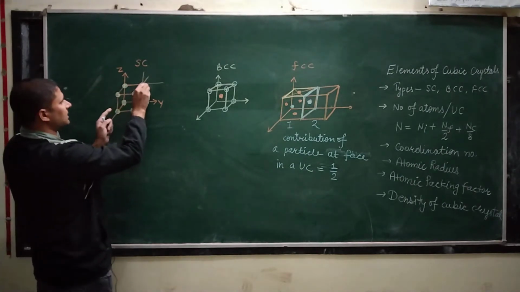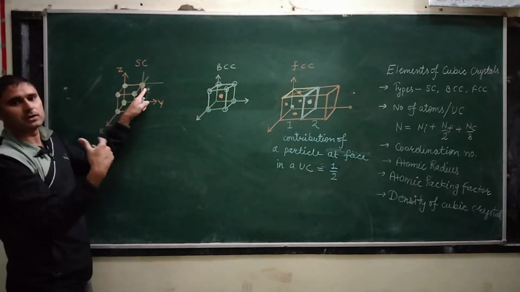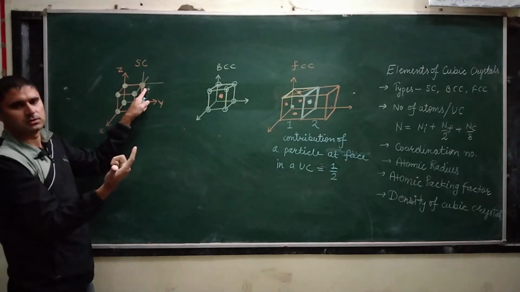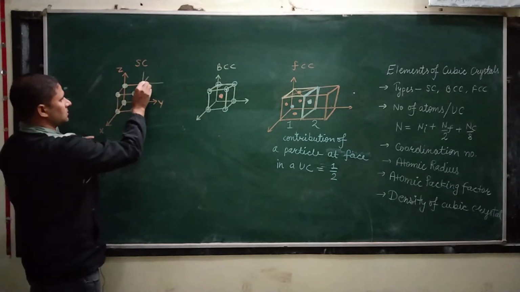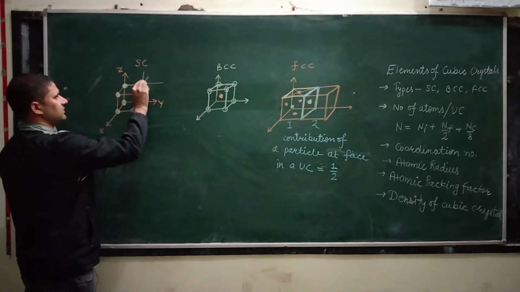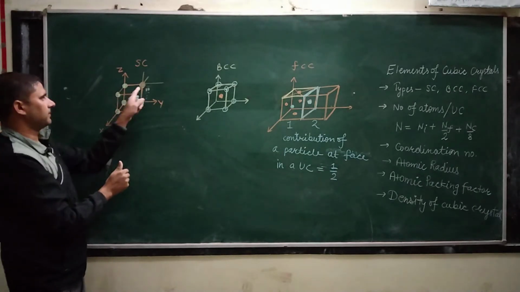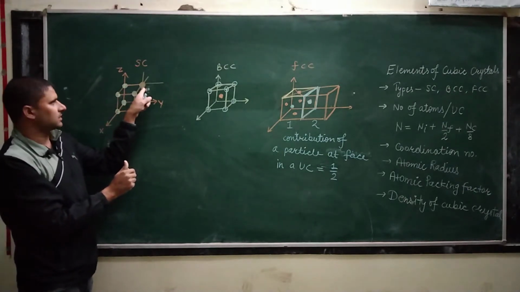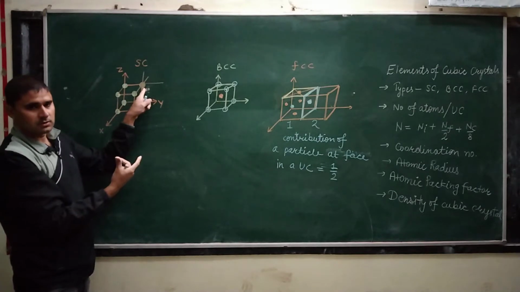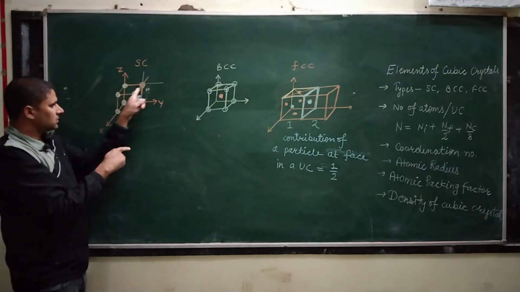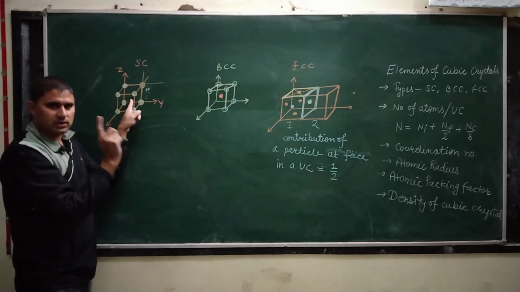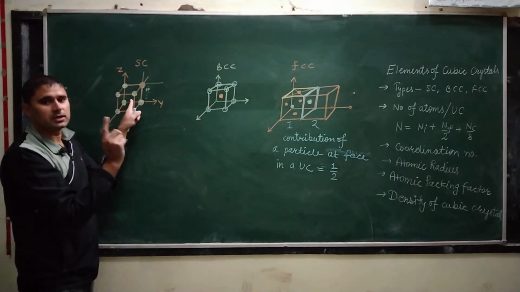So this particle is shared by in total 8 cubes. So this sphere is shared by 8 cubes. So I can say the contribution of this sphere, which is present at the corner in one unit cell, is 1 by 8.